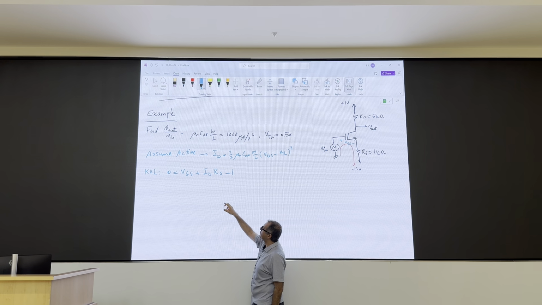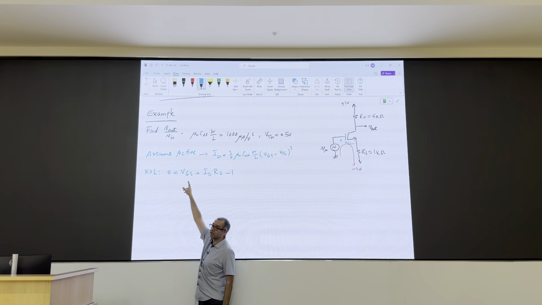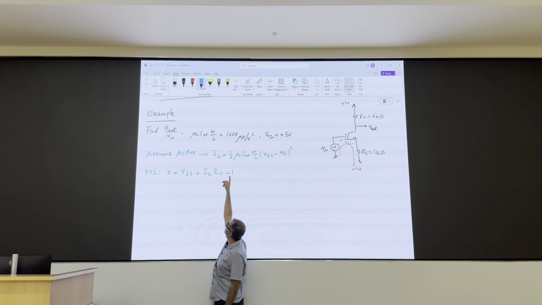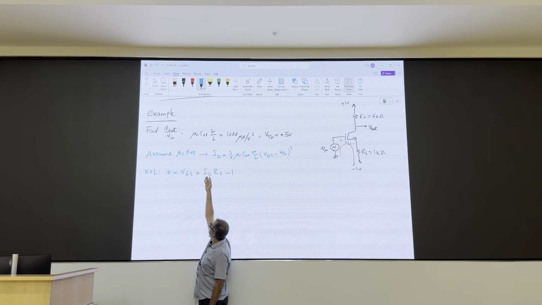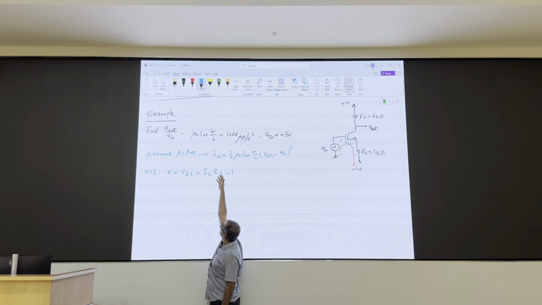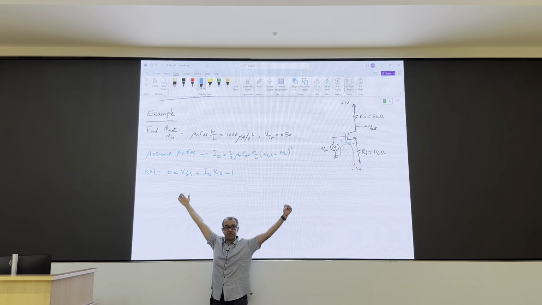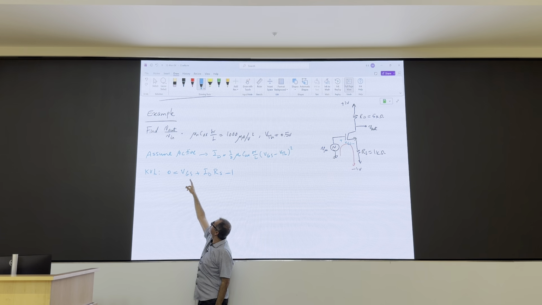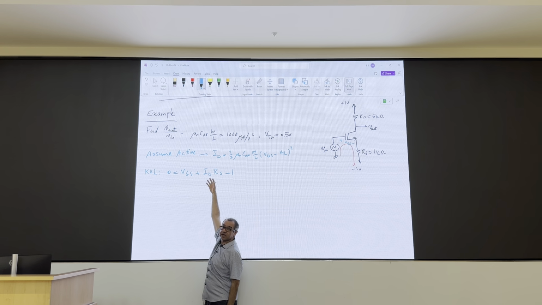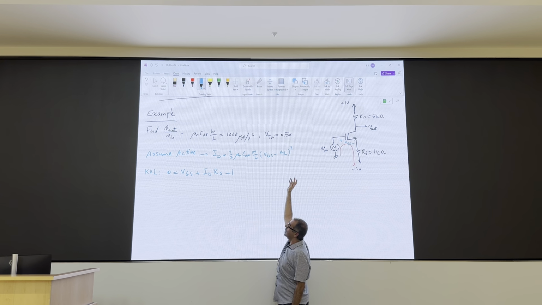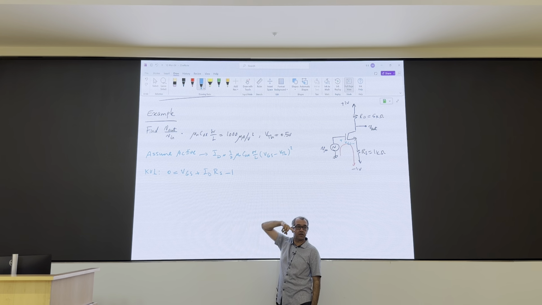Or you can find VGS from this equation and plug it into the equation above. Or you can write VGS is equal to 1 minus ID RS, again plug it into this equation and solve that equation for ID. It's going to be a quadratic equation in either case, right? I'd like to solve it for VGS.